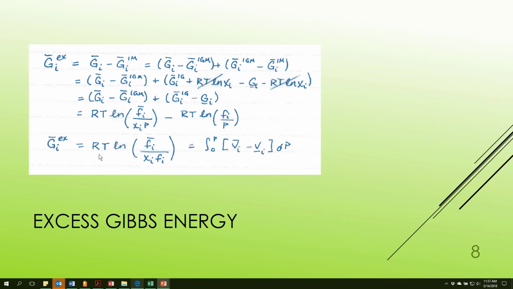So what we have is a way of defining fugacity in terms of the mixture, in terms of the partial molar Gibbs energy, in terms of the difference in the partial molar volume and the pure quantity volume. In the next lesson, we're going to start looking at how I can actually use these to define or estimate fugacities of various substances. Thank you very much.